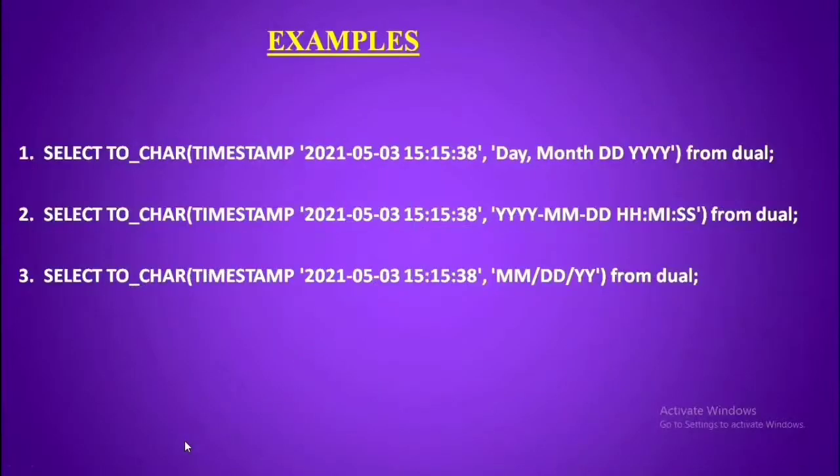Next, example commands. The first command is select to_char of timestamp 2021, 5th month, 3rd day, and this is the date, and next the time is declared, 15:38. The date and time are declared in this command. Timestamp means both time and date are displayed, from dual. Dual is the table name.